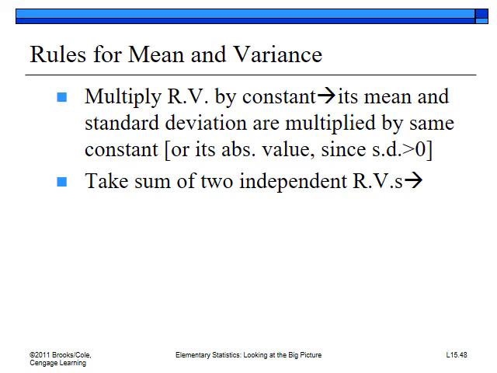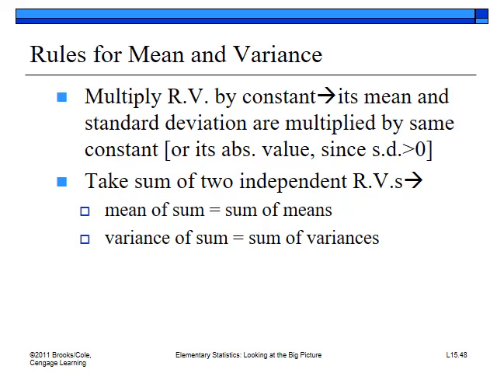If we take two independent random variables and add them together, the result is a new random variable. The mean of the new random variable is the sum of the means of the old random variables. And the variance of the new random variable is the sum of the variances of the old random variables. Now remember, the variance is the square of the standard deviation.